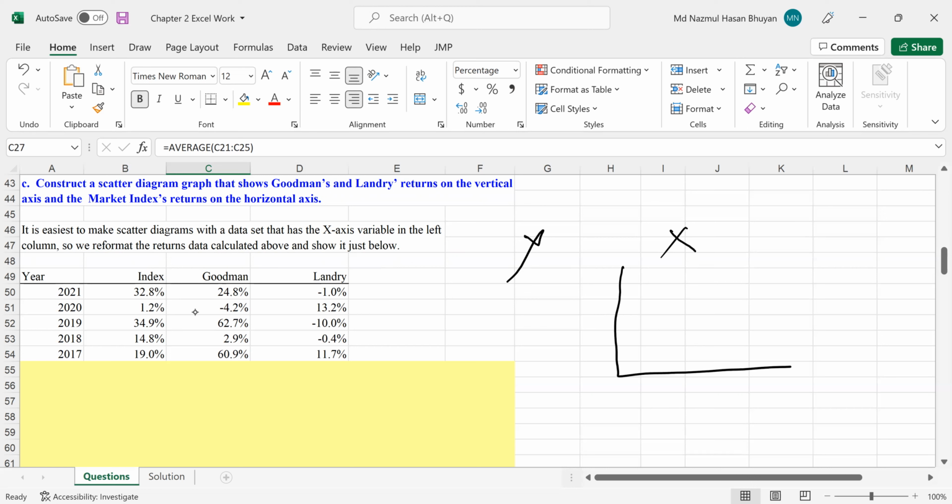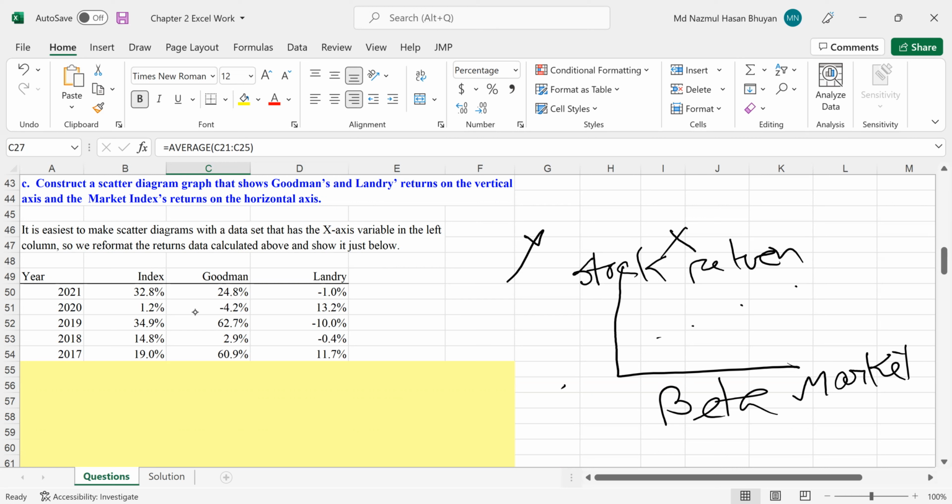So in the XY panel, you should put stock return on the Y axis and market return on the X axis. Then we're going to draw a regression line, and the slope of the regression line will be your beta. Right. So let us draw the regression line.